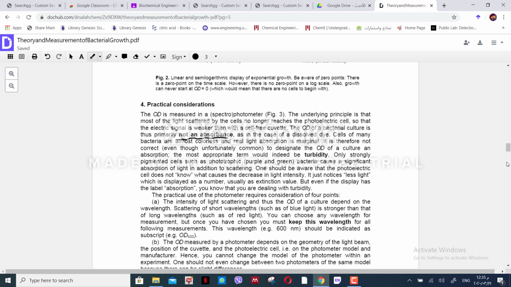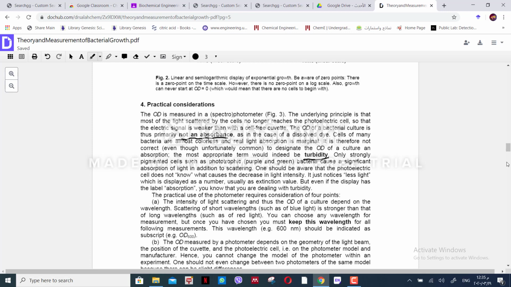It is therefore not correct, even though unfortunately common, to designate the optical density of a culture as an absorption. The most appropriate term would indeed be turbidity. Only strongly pigmented cells such as phototrophic purple and green bacteria cause significant absorption of light in addition to scattering.